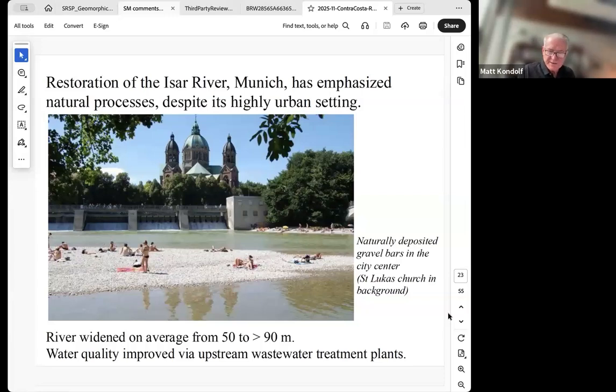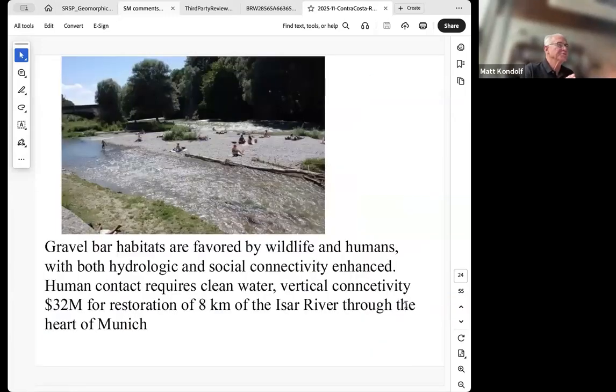Now, of course, here the habitat is being occupied by Homo sapiens, but there are many different parts of this river where, again, if you go there during a weekend in July, a sunny weekend in July, which I highly recommend, it's inspiring. There's 8 kilometers of these amazing features that are heavily, heavily used.